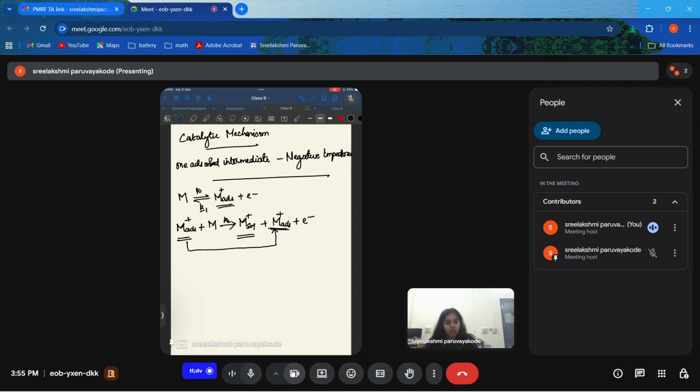This means it's not consumed in the second step. Instead, it is helping in the metal dissolution, but without getting consumed. So that's how the mechanism is.